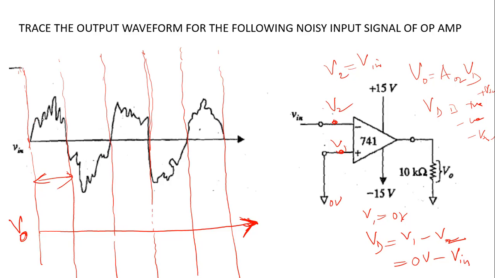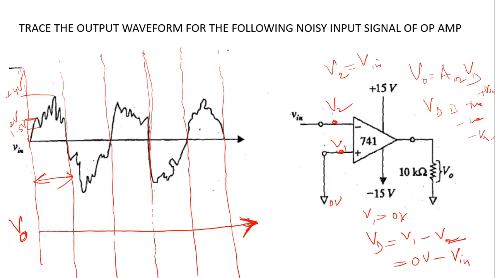even if the difference voltage is, like at this point, for example, let's say this is your plus 2 volt, let's say this is plus 1.5 volt, and let's say this is plus 4 volt, just for an example. So at this point, plus 2 volt.